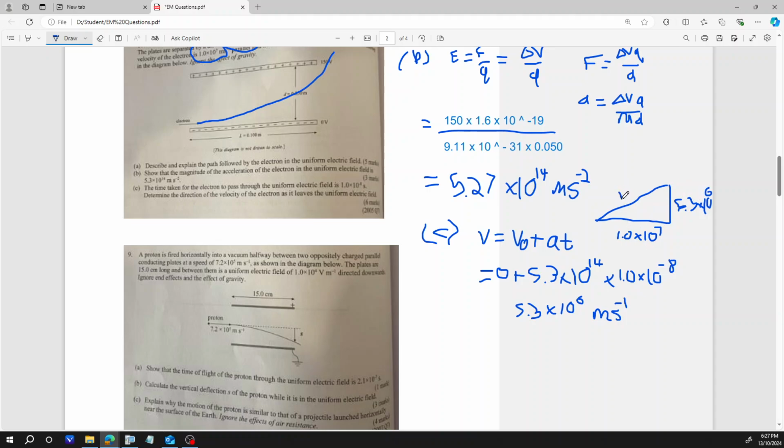So we need to work out the direction of velocity. Read the question again: determine the direction of velocity. We need to work out theta, an angle in there. We do that with inverse tan.